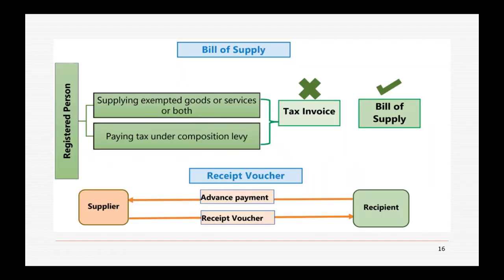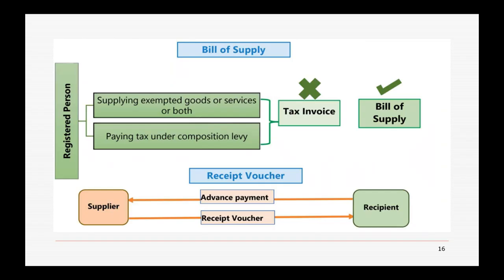Then a bill of supply will be issued by persons who are not paying the tax. Already I told you about a number of services and goods where the GST is paid by the recipient. Take an example: I am working as an advocate. As per notification 13 under section 9(3) of the CGST Act, in the case of advocates, the recipient will pay the GST.